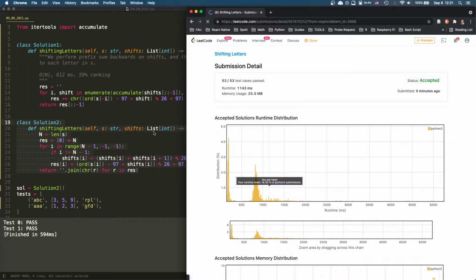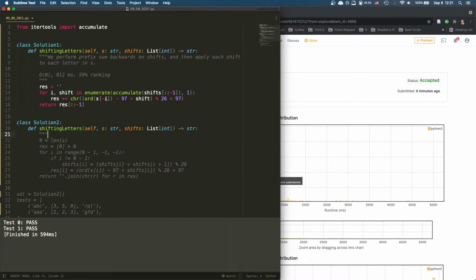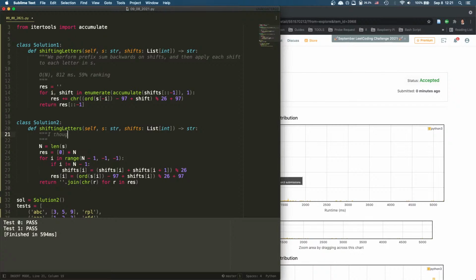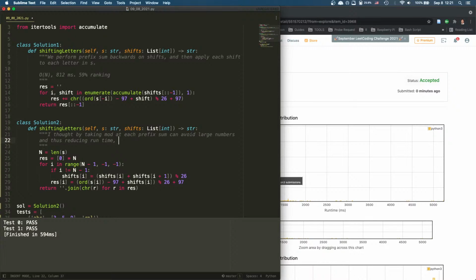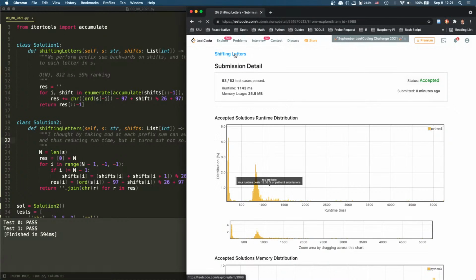So no. Well, I thought by taking mod at each prefix sum we could avoid large numbers and thus reduce runtime, but it turns out not so. So this means the actual solution is much better than what I have here.